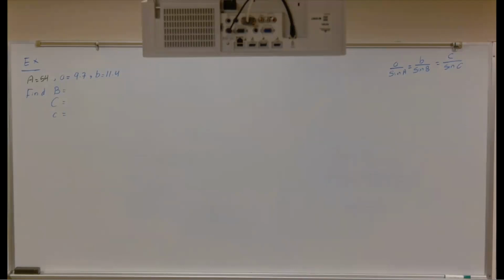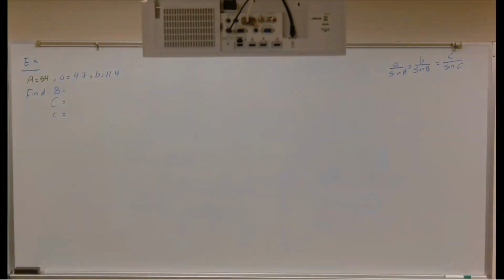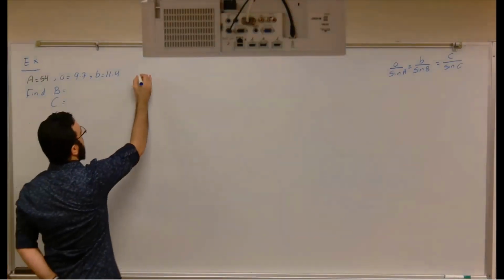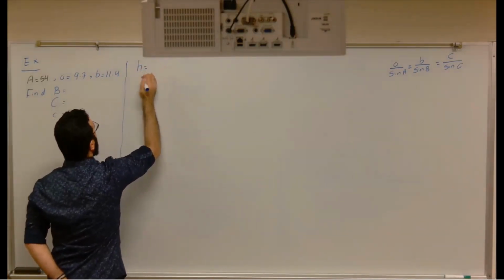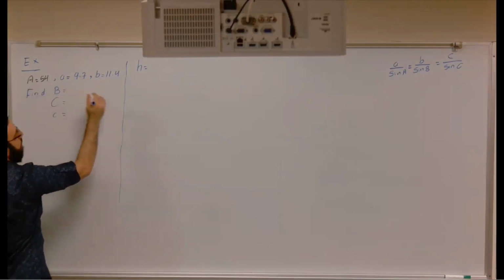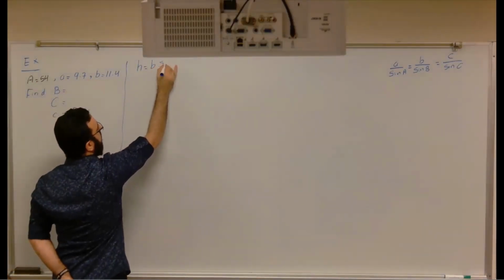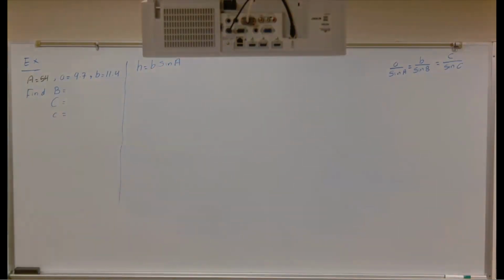Now let's check here. What's the first thing I have to do when I have this case? Find H. The first step, you see on the corner, it says find H. So here on the side, H is going to be equal to B sine A. I have B, I have A, so it's B sine A. And again, it depends on what you have.